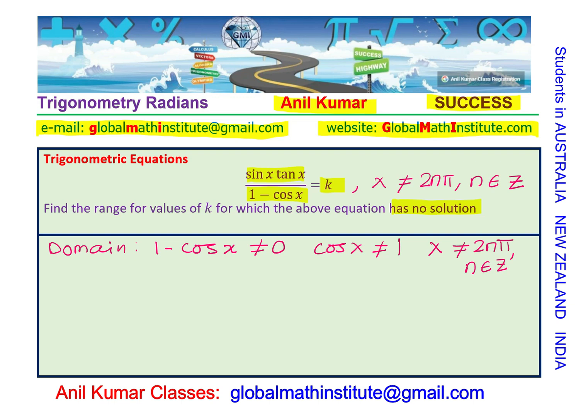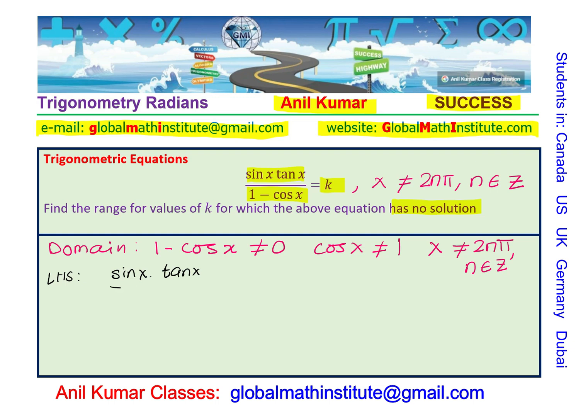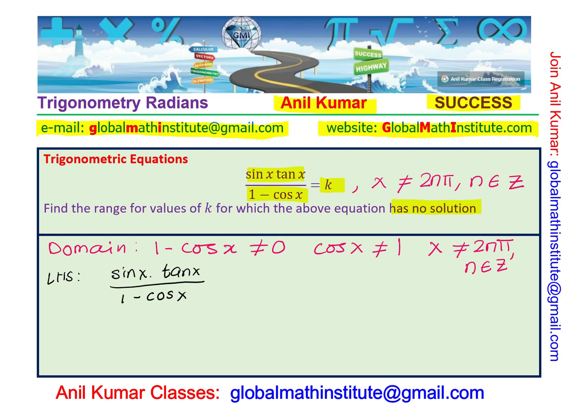Now, how do we simplify it? The left hand side given to us is sin x times tan x, and we're dividing by 1 minus cos x. Now, tan x can be written as a ratio of sin x over cos x.